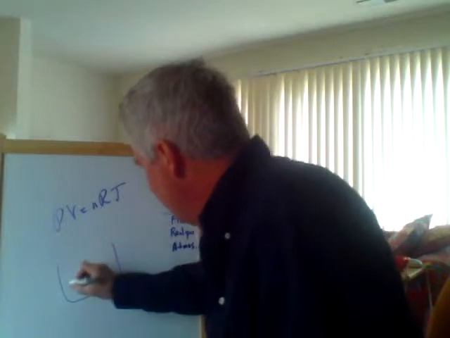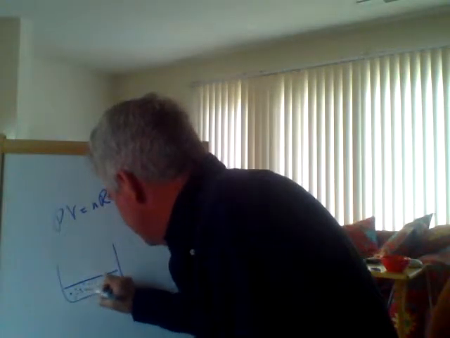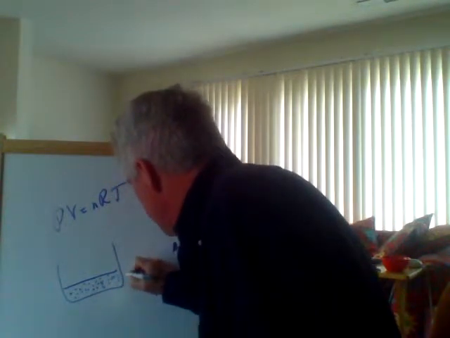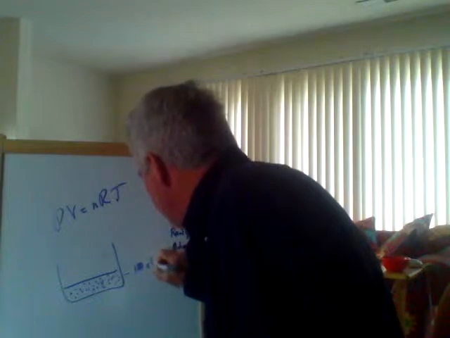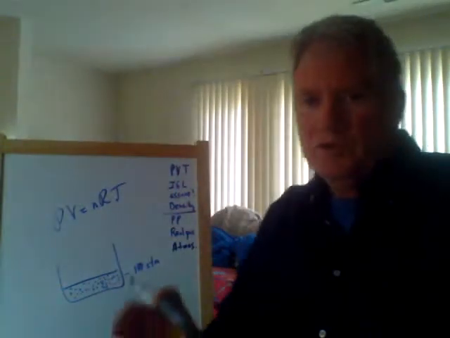So now I have a vessel where I have a lot of gas molecules. Let's say it's under 100 atmospheres of pressure, so a lot of pressure. Here's two things that go on.